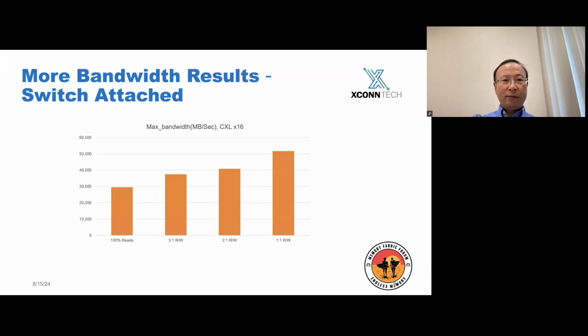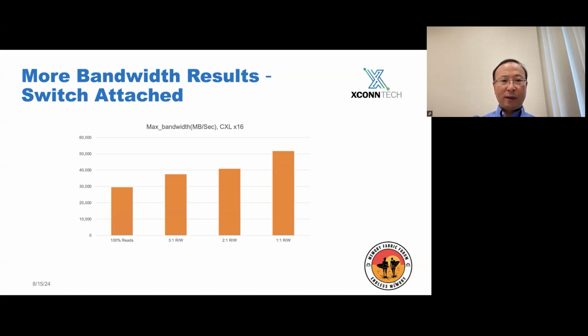Okay, so just want to give you some performance results of XConn's CXL switch. This is a bandwidth testing result using the switch, where the switch is attached to a CXL memory device, which is a by 16 memory device.